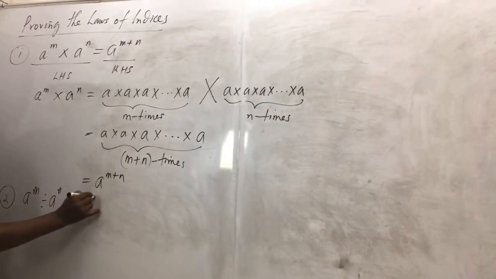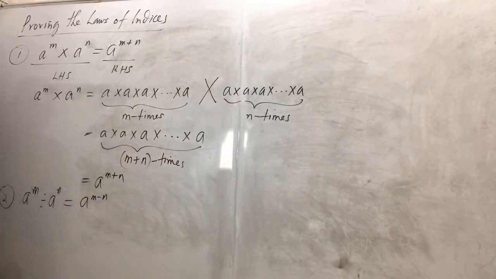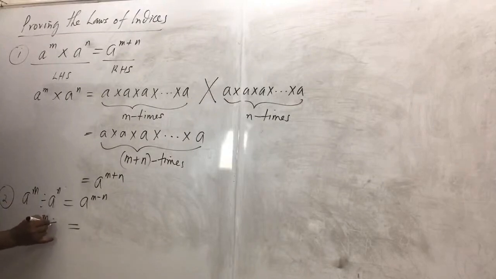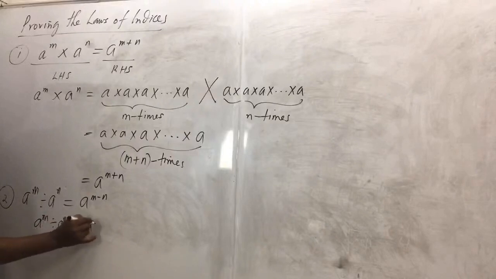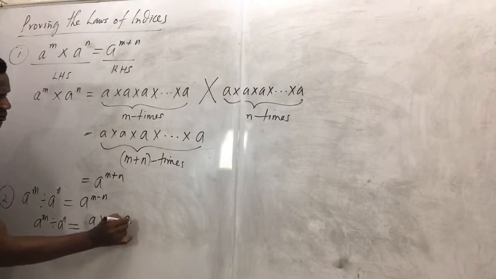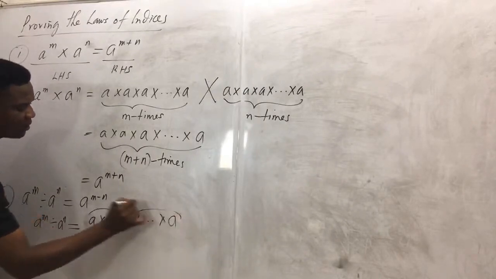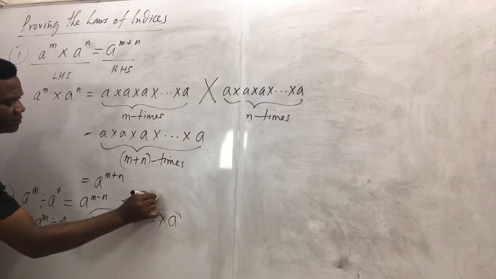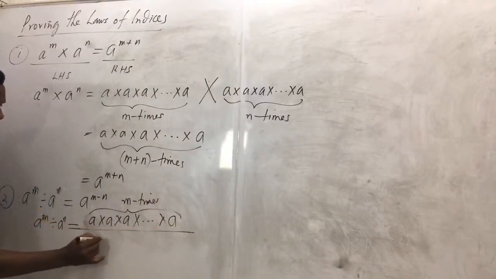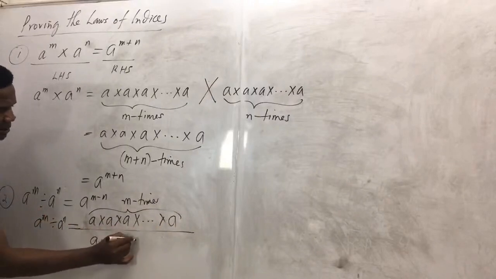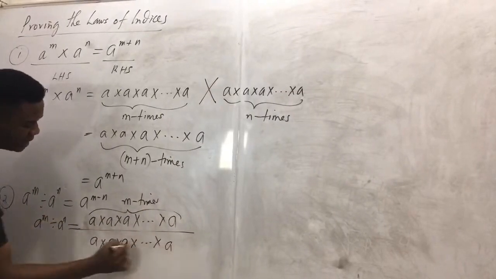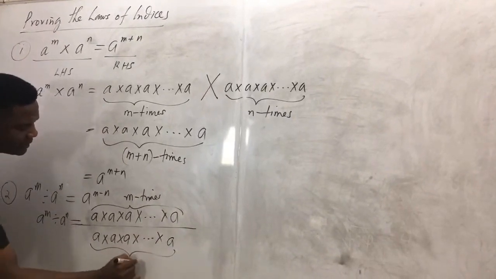We write it in this manner: a times a times a times, a total of m times, divided by a times a times a times ellipsis, a total of n times.